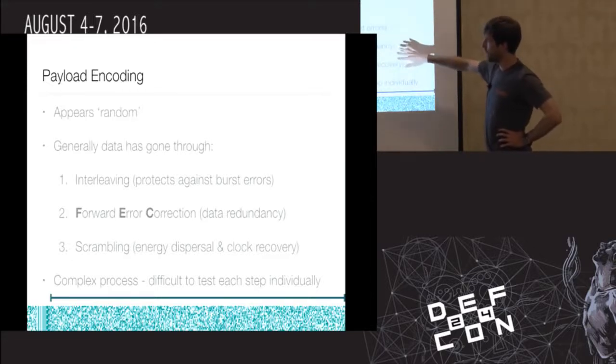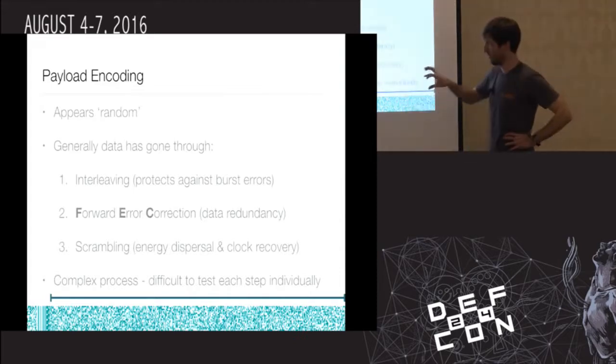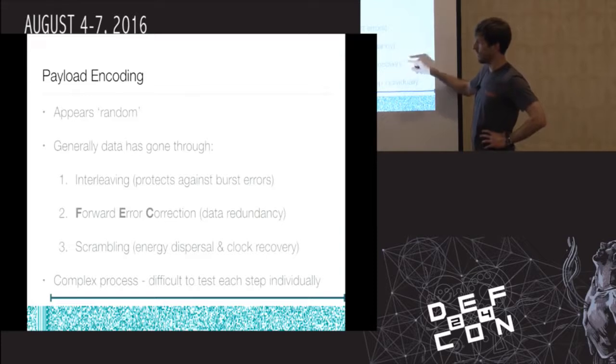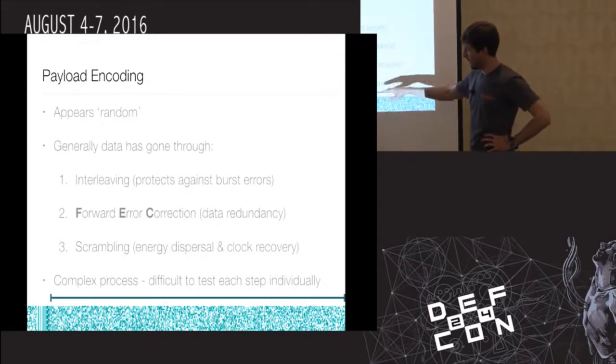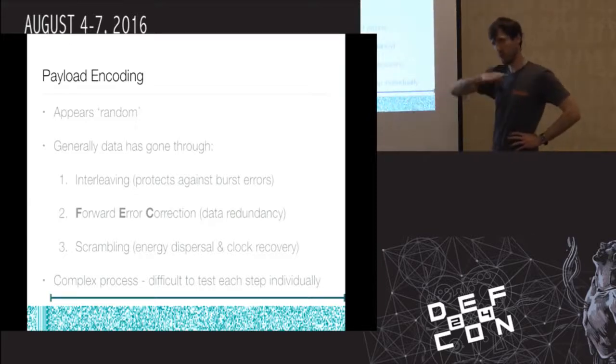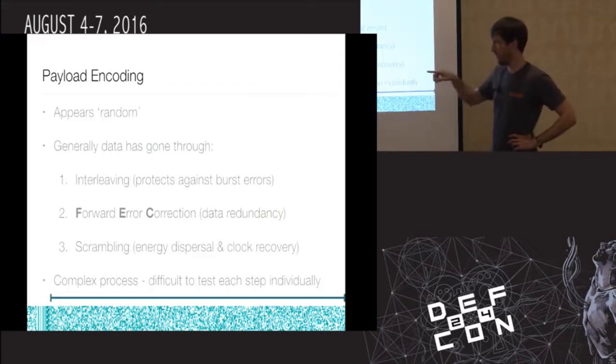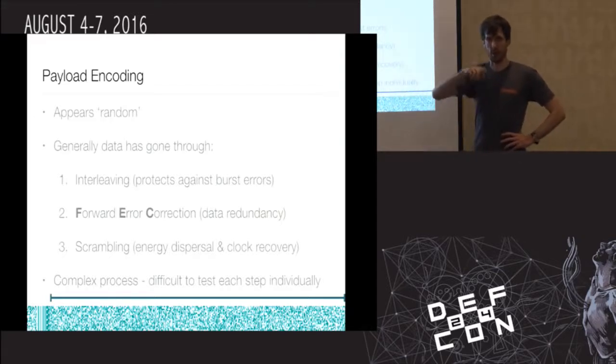I'll show you why. Forward error correction adds a little bit more data so that you can recover the data if bits are corrupted or flipped. And scrambling is important because if you have a long sequence of the same bits, a long sequence of 1s or 0s, there aren't changes to which the receiver can train its clock recovery.